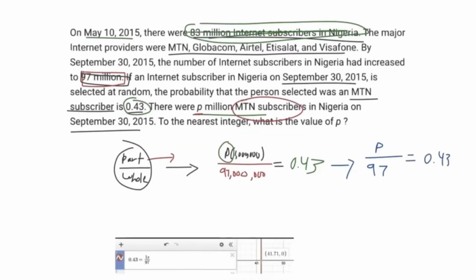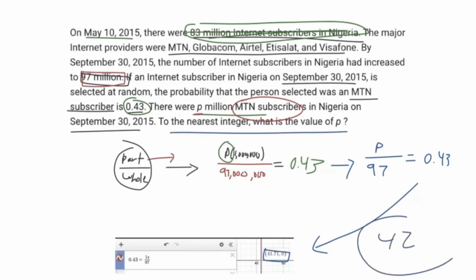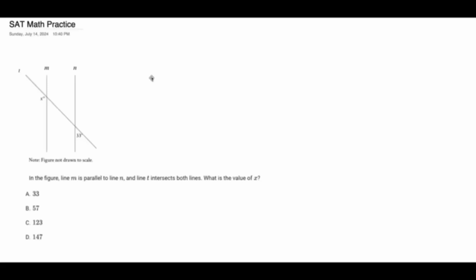And so you just chuck this into Desmos. I rewrote it differently, but essentially you chuck it into Desmos and find the value of P, or you can name it X. Finding an intersection here, we can see it is 41.71. We want the value of P to the nearest integer, and therefore our answer here is going to be P equals 42.